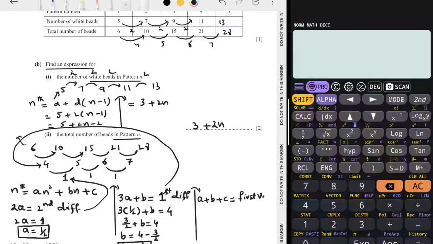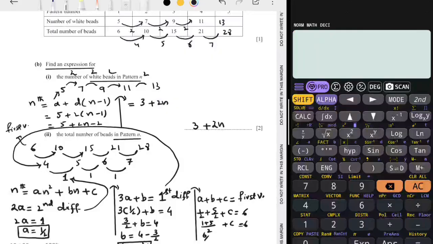Now we'll plug in the values: 1 by 2 plus 5 by 2 plus c is equal to 6. We take LCM, it would be 2. 1 plus 5 is equal to 6.